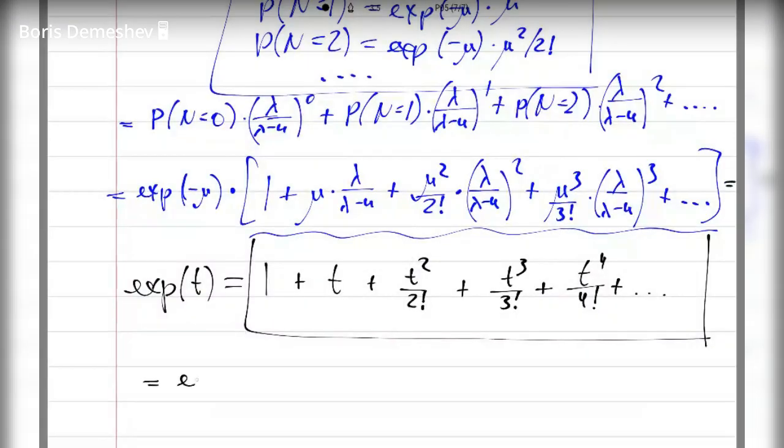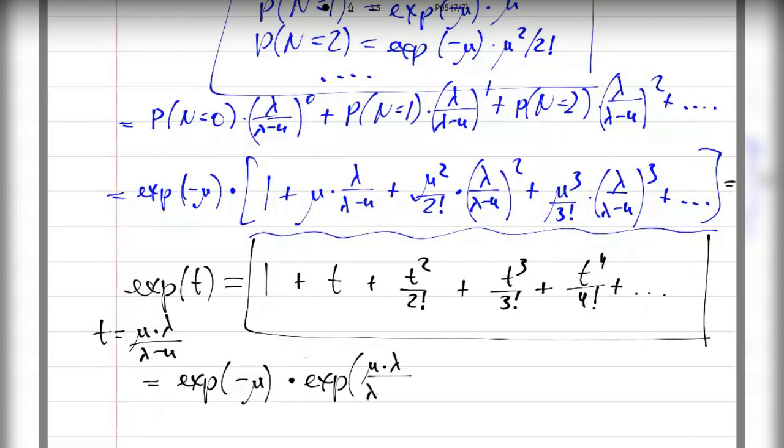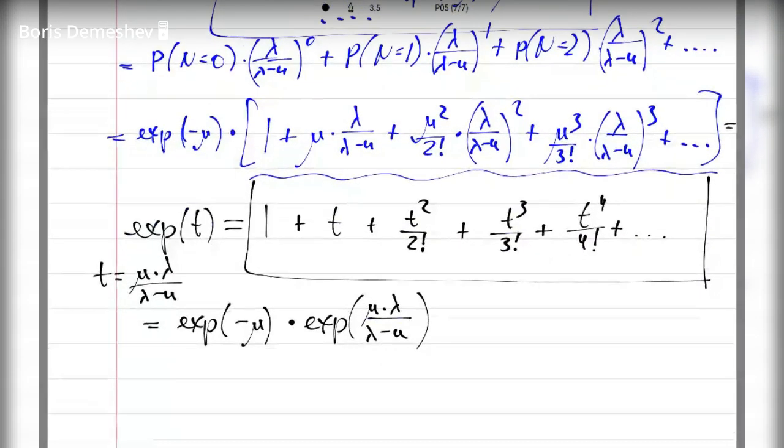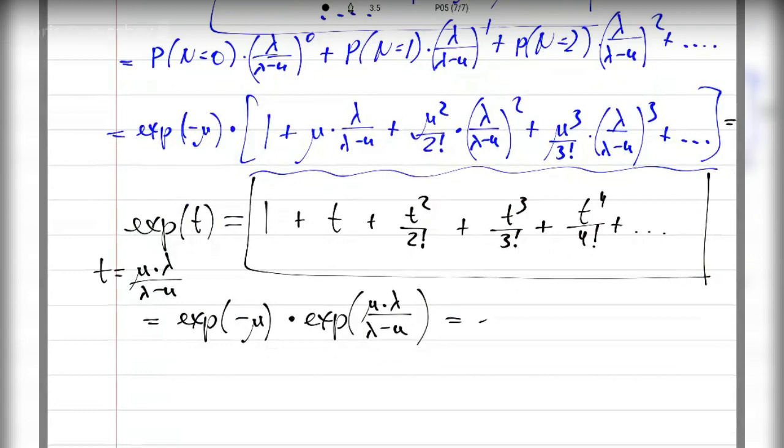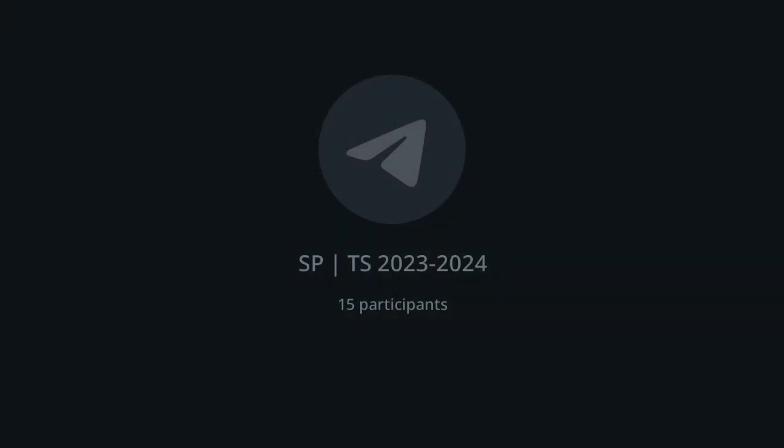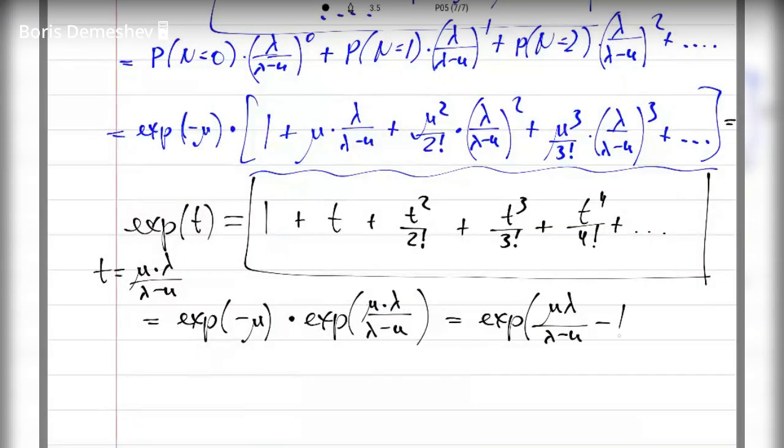And hence, that's exponent of minus mu times mu times lambda divided by lambda minus u times exponent of mu times lambda over lambda minus u. And we've got the formula: exponent of mu times lambda over lambda minus u minus 1. So that's the moment generating function of W.